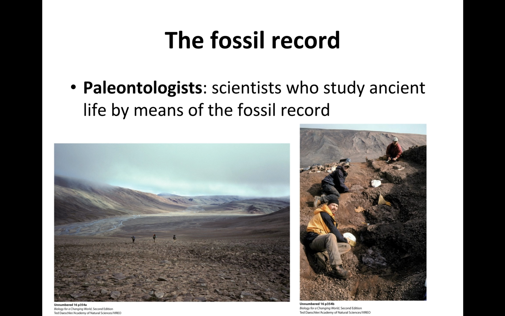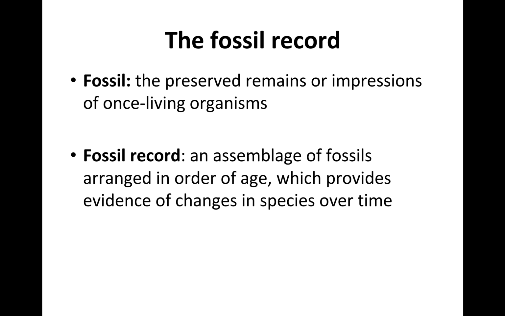One of the most important pieces of evidence for evolution is the fossil record. Scientists who study these fossils or the fossil record are called paleontologists. So, what is a fossil? Fossils are preserved remains or impressions of once living organisms.